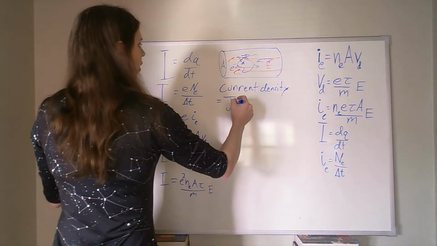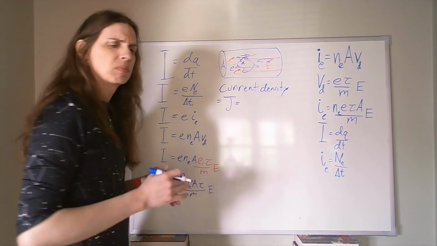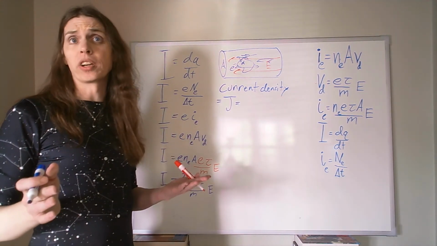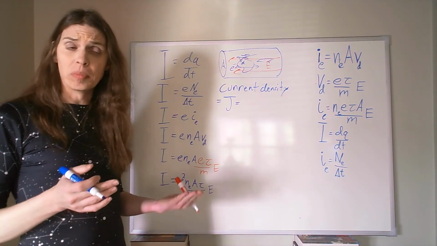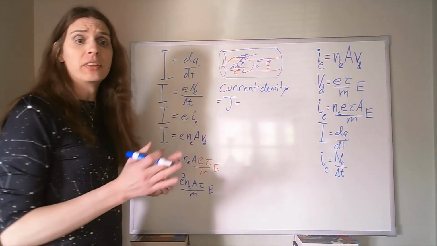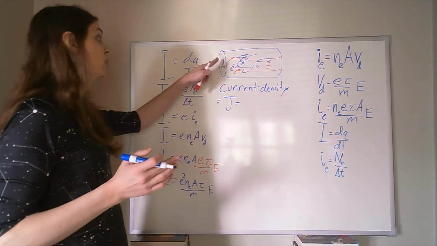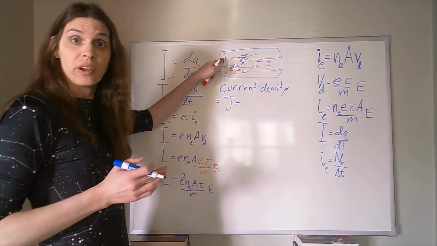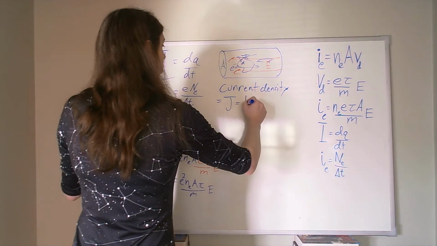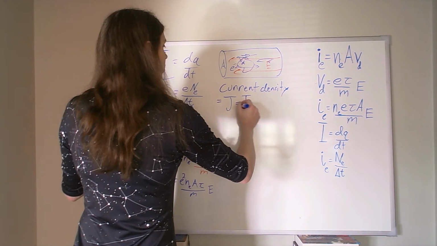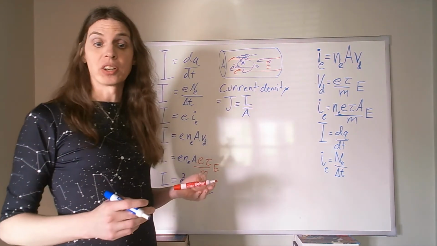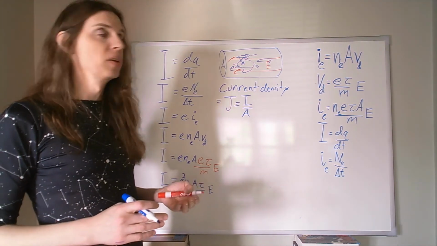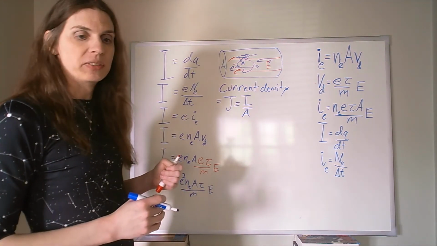And usually when we're talking about density, we're talking about a per unit volume thing. Current density is per unit area. It's per cross-sectional area. So current divided by the cross-sectional area that current passes through is our current density.